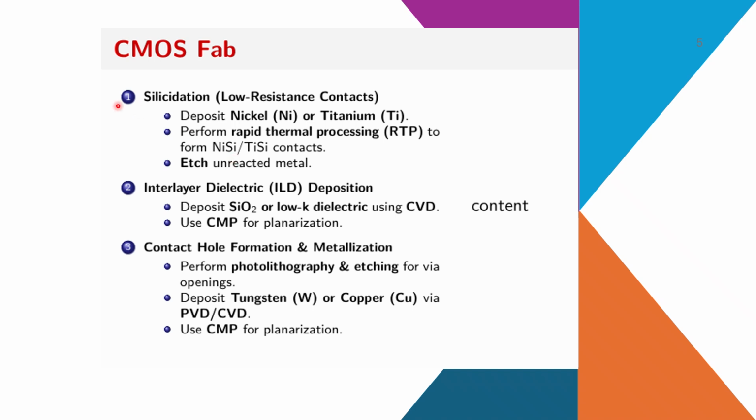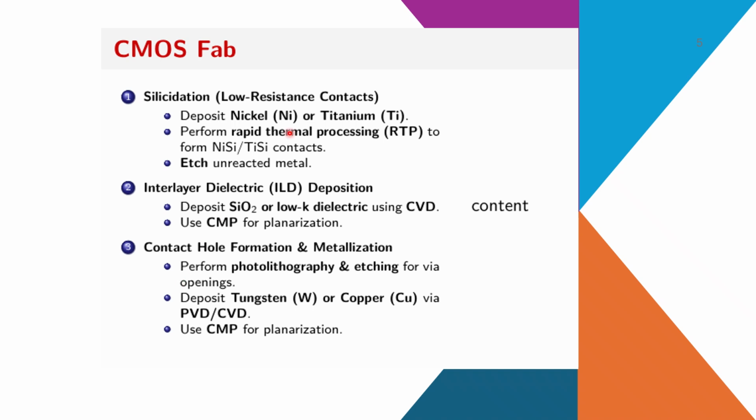So now silicidation, that is the contacts. How will you provide the contacts? Definitely we can use the rapid thermal process, and after performing all these, we can use some metals to develop the contacts among all the layers. So how can we do it? Through the metallization technique. What type of metals can be used?